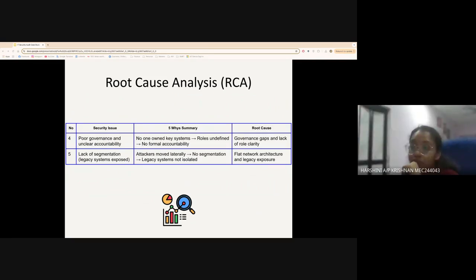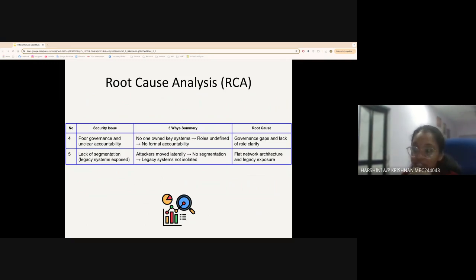Moving on to the two final issues, both are structural. Poor governance meant that no one was clearly accountable for security oversight. Responsibilities were fragmented, which allowed risk to go unmanaged. The last issue is technical but strategic.